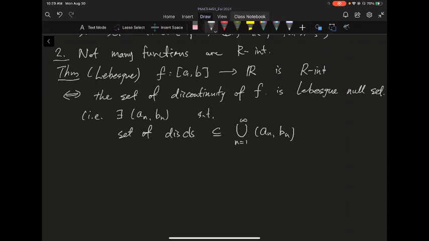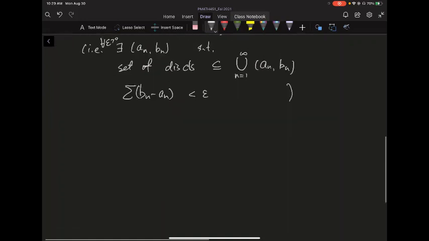So the summation of bn minus an, the total length of these intervals, can be less than epsilon for every epsilon greater than 0. So that's the definition of a Lebesgue null set. Or you can say this has Lebesgue measure 0. So let's take an example.